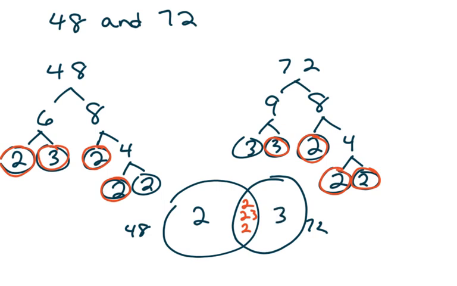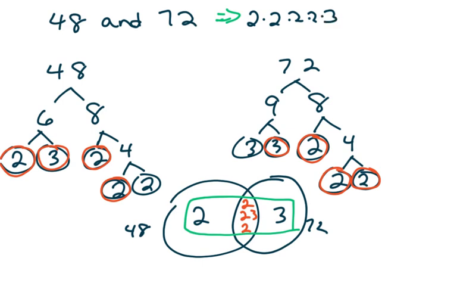And then we want to use the union of these sets to figure out our least common multiple. And so we take that and multiply 2 times, let's say we have 1, 2, 3 more 2's in there, 1, 2, 3. We have another 3 in the intersection, and we have another 3 out in the 72.